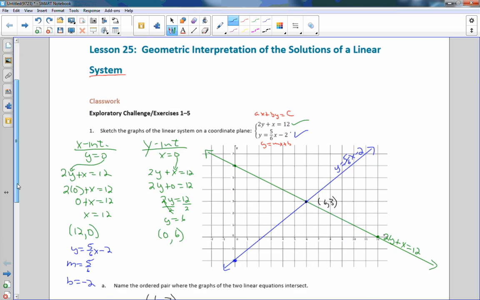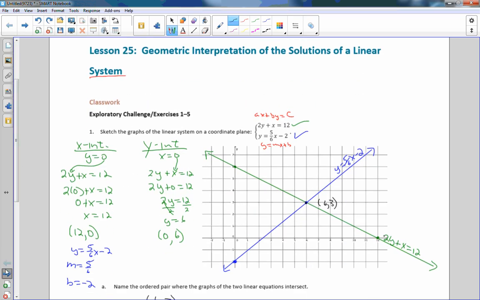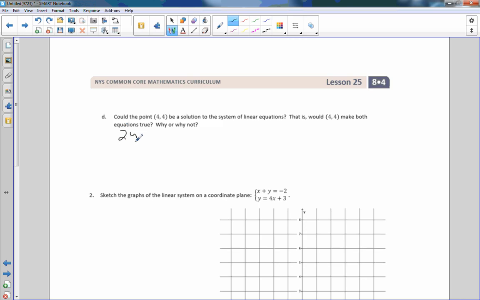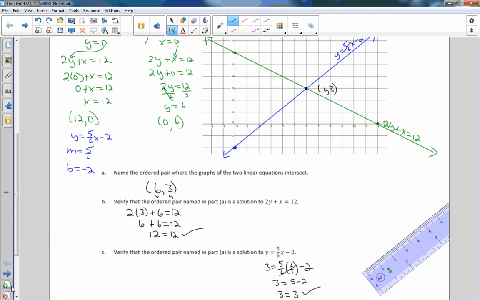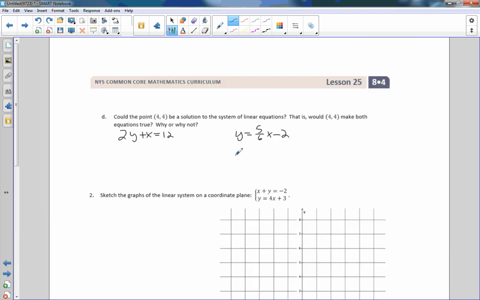So if I do that again, I take 2y plus x equals 12, and the other equation, which was y equals 5/6 x minus 2, I'm verifying that from memory. What they're asking is, does this x, y make these equations true?